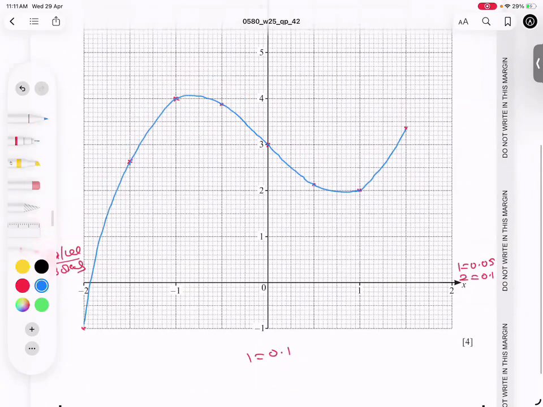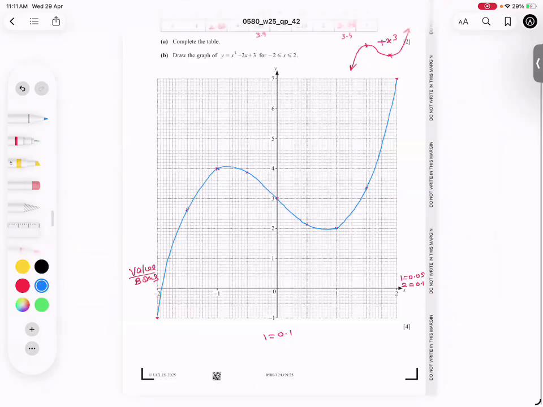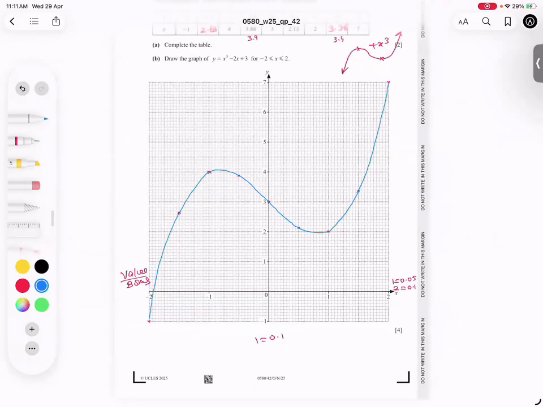Okay, and now joining the top point. I hope, students, you understood very well. Okay, this part is clear.